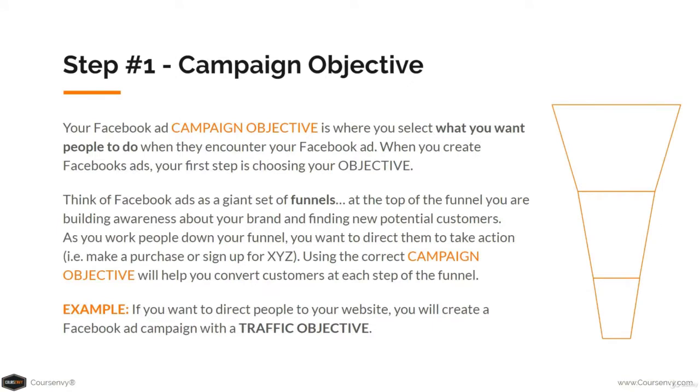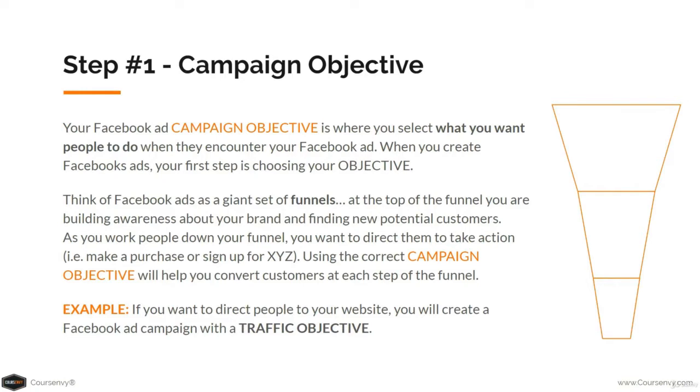So step 1 or level 1, campaign objective. Your Facebook ad campaign objective is where you select what you want people to do when they encounter your Facebook ad. When you create Facebook ads, your first step is choosing your objective. Think of Facebook ads as a giant set of funnels. At the top of the funnel, you are building awareness about your brand and finding new potential customers.